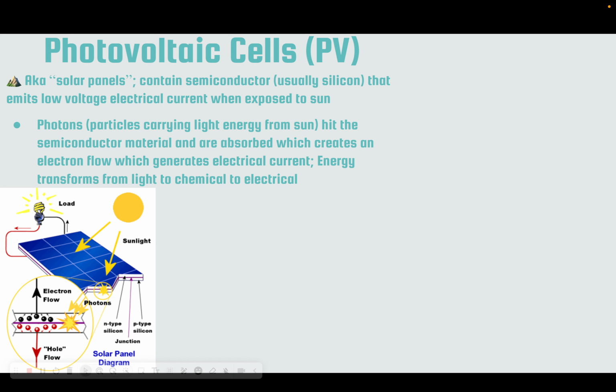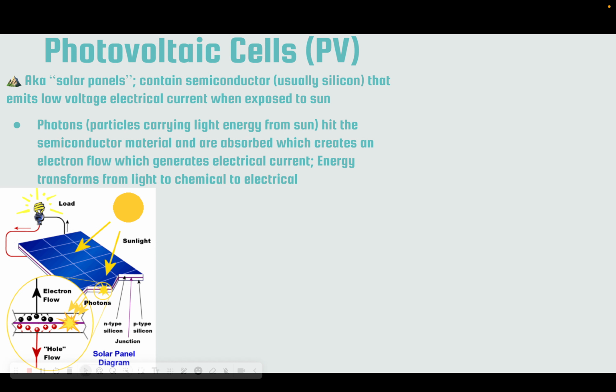And in this case, we can store this energy, and this electricity can be used instantly if we have cell phones plugged into a solar panel or something like that, or it can be used later if we have batteries that store that energy.